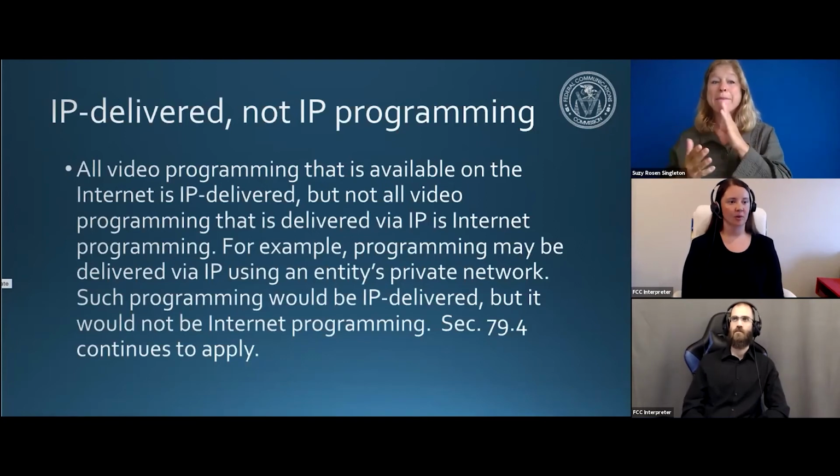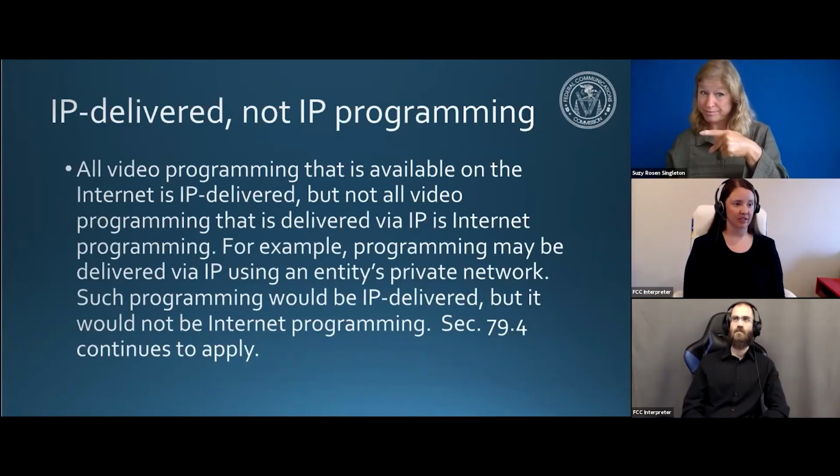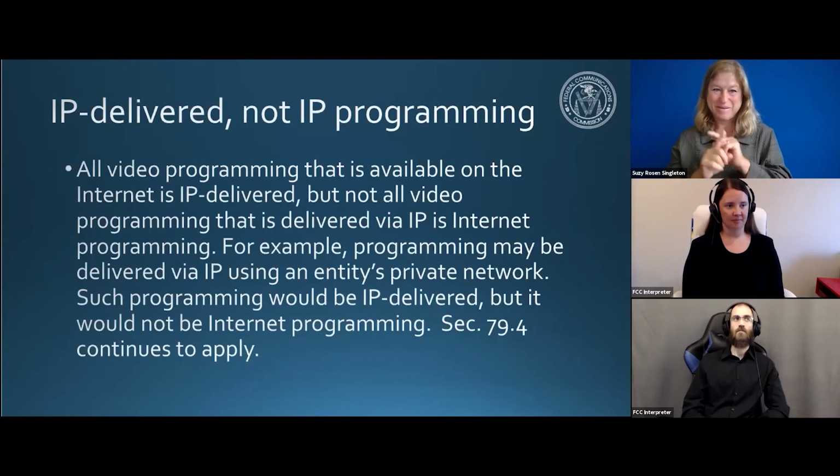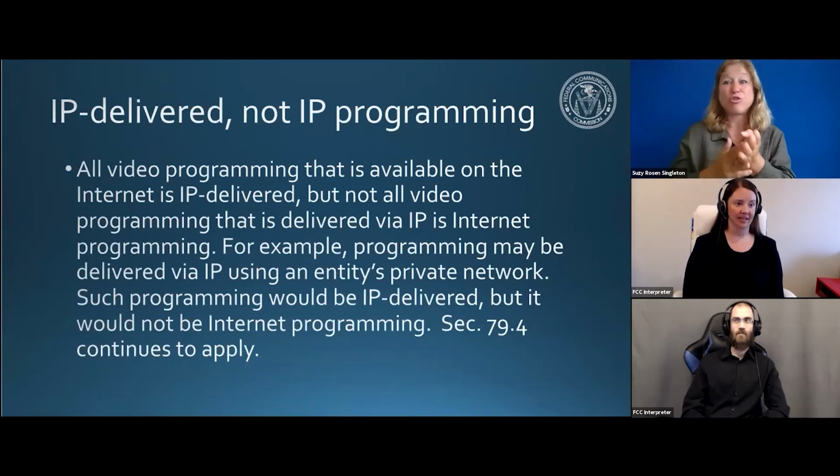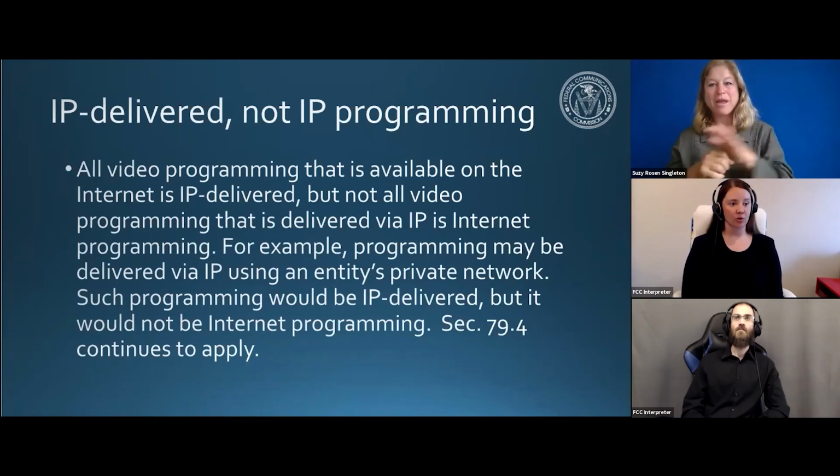So for example, programming may be delivered through Internet Protocol using a private network. But that is not internet programming then, because it is not available on the internet. Instead, it is delivered through IP. So that would be covered by our rules.